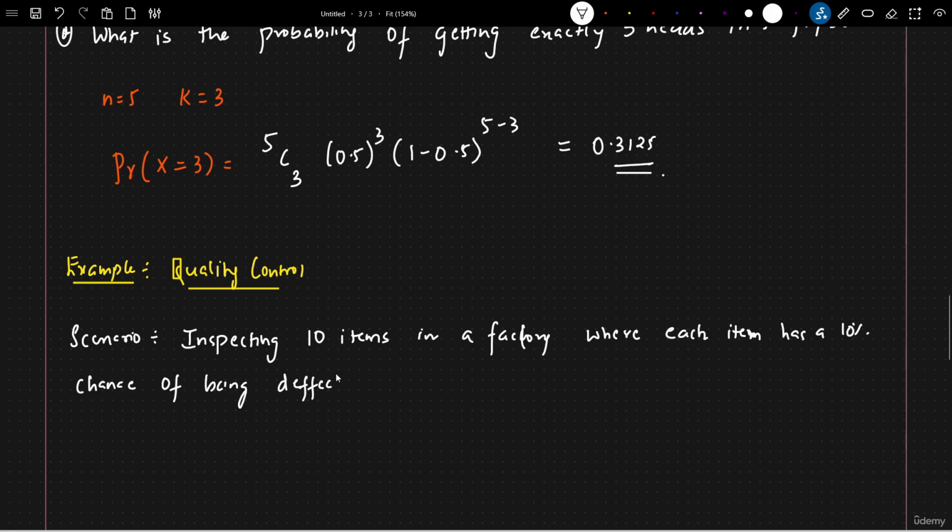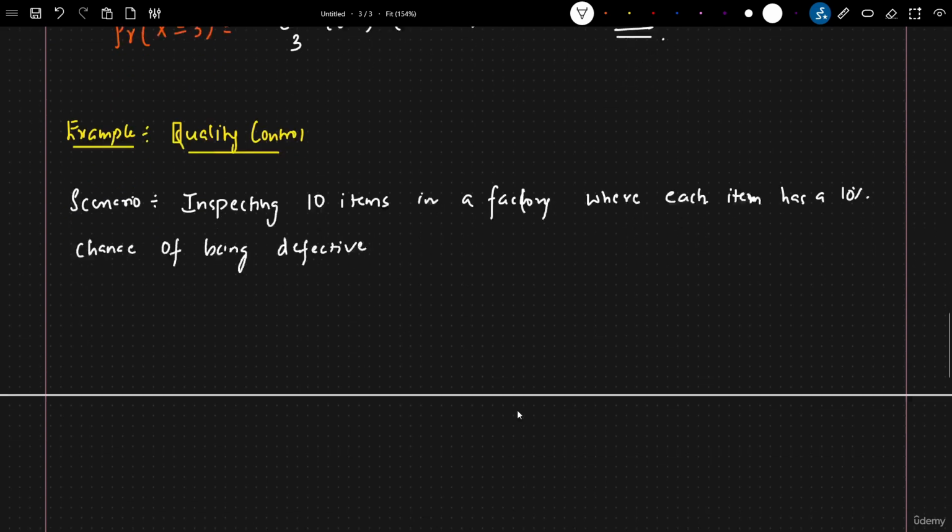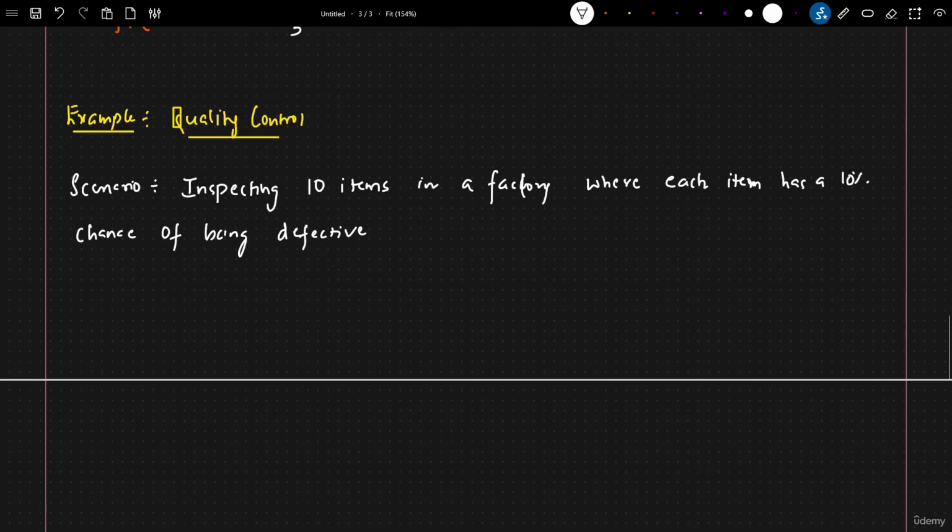So what is the chance of being defective? It is 10%. Let me go ahead and write it like this: defective. Okay. Now in this scenario, what kind of questions may come? First of all, here I'm going to put some information. Number of trials: my n value will be 10.